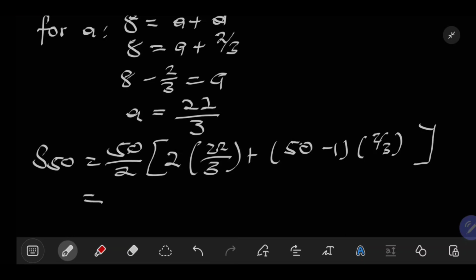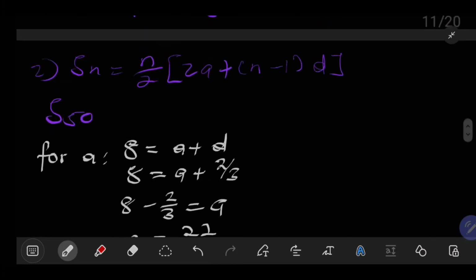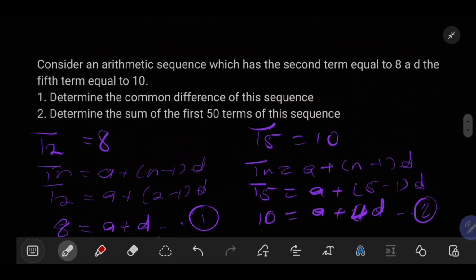You can punch straight into your calculator, and we should get the same answer: 3,550 divided by 3. So this is the sum of the first 50 terms of this arithmetic sequence given here.